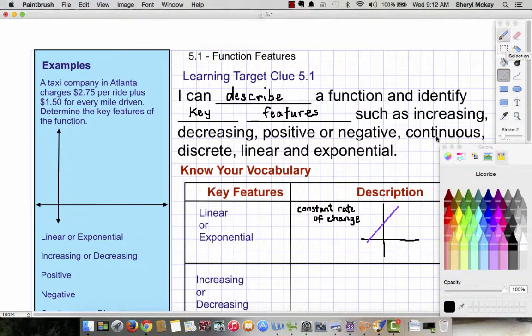Now, an exponential function has a constant change factor, or a ratio. It's a change factor. And if you remember, y equals mx plus b is one of the ways that we represent a linear function.